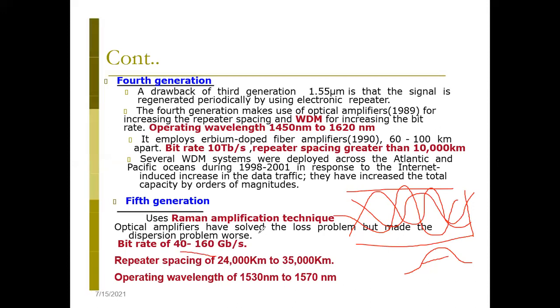But as I said, we are still trying to solve the problem of dispersion. Compared to the 4th generation, we tried to solve the problem of attenuation, but then the dispersion problem happened, so the bit rate decreased. But that doesn't mean it will stay decreased. We will use different combinations and different techniques. We will change our fabrication.